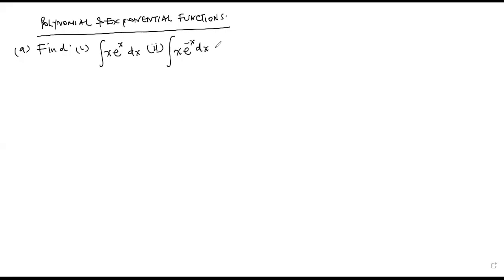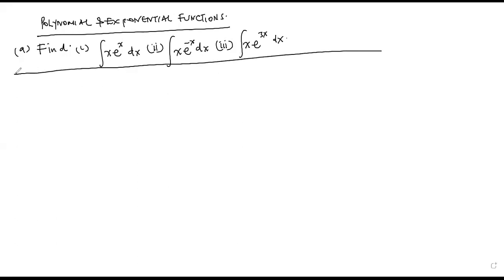And Roman 3, the integral of xe^(3x) dx. So still for this case, we shall be letting the function which is easily integrated to be dv/dx, and the one which is easily differentiated to be u.